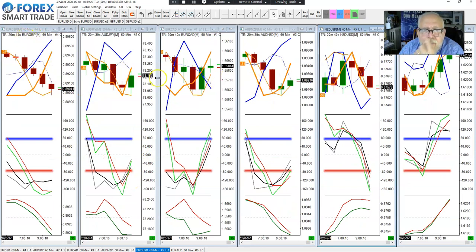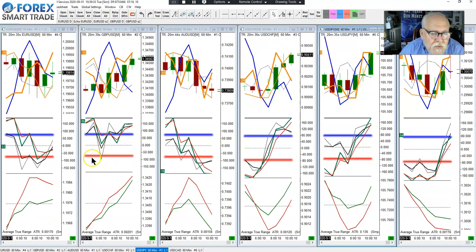These are non-US pairs. A lot of times you'll see replicas, because the US is driving what's happening with most of these currencies. You will see replicas of the images here.